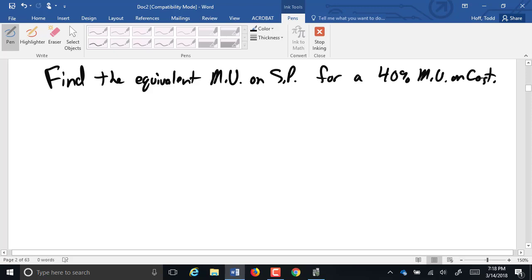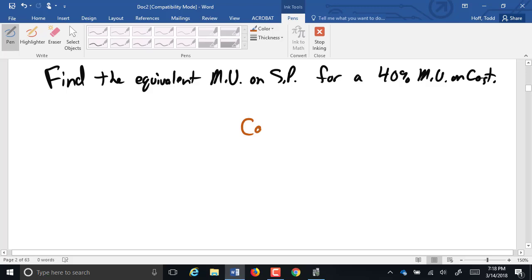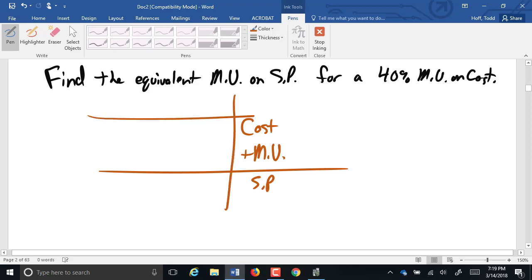So we have a 40% markup on cost. We want to find the equivalent markup on selling price. I'm not even going to do the right side over here. We're going to just leave that blank.